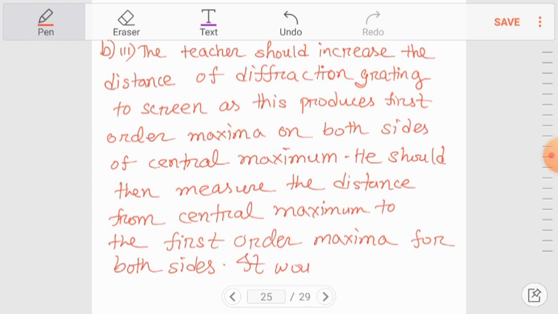It would decrease the percentage uncertainty.